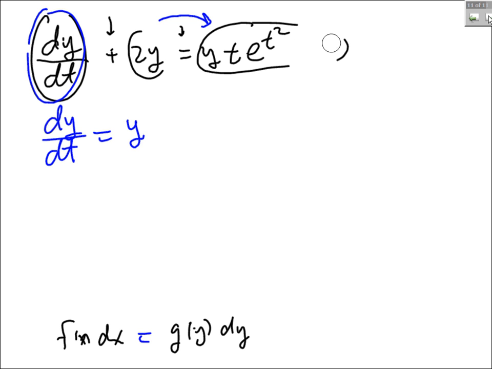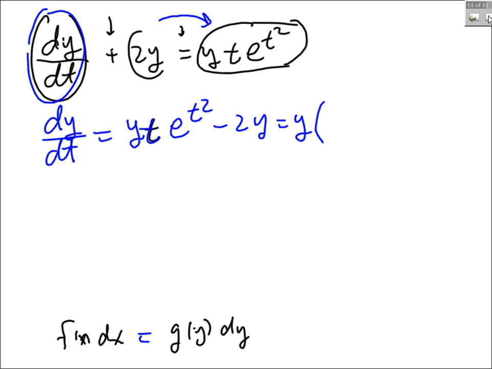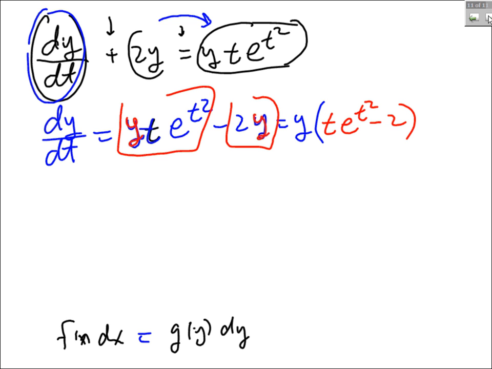There is no dt there. Sorry. Now, if I pass the 2y over to the other side as negative 2y, and then I say I can factor out the y, so between these two terms, I factor out the y, so what's in blue remains: t e to the t squared minus 2.